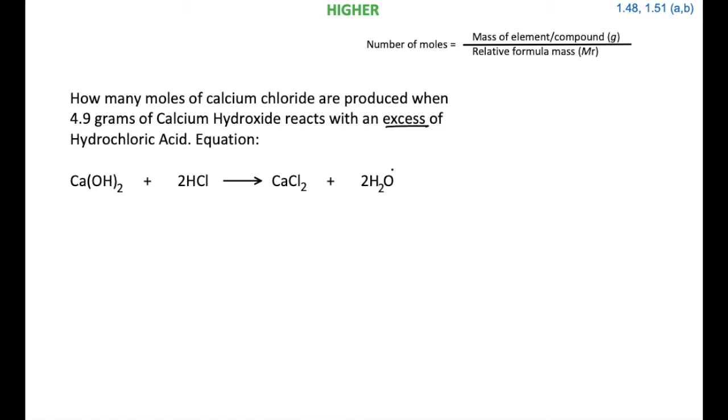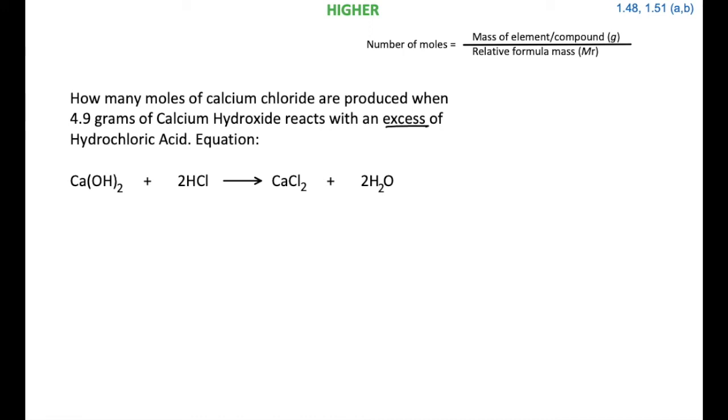On the last page, we spoke about limiting reagents. For 2 reactants, the one which is used up is the limiting reagent, and for the one which isn't used up, meaning some is left over, we say that this reactant is in excess. So for this example, calcium hydroxide reacts with an excess of acid. This means that we can assume all 4.9 grams of calcium hydroxide has reacted, and there's nothing left over of it.